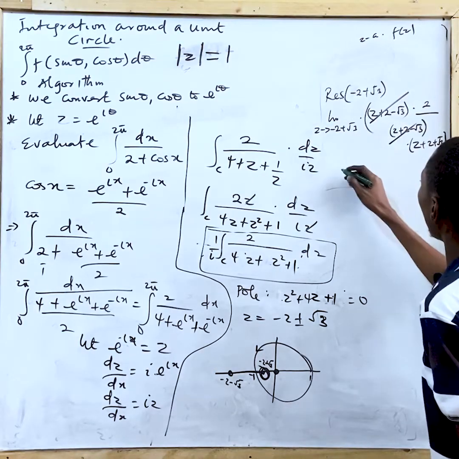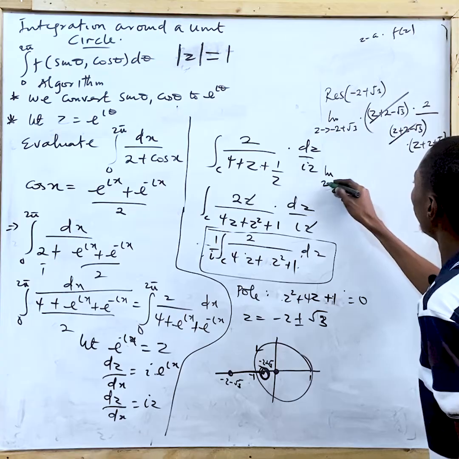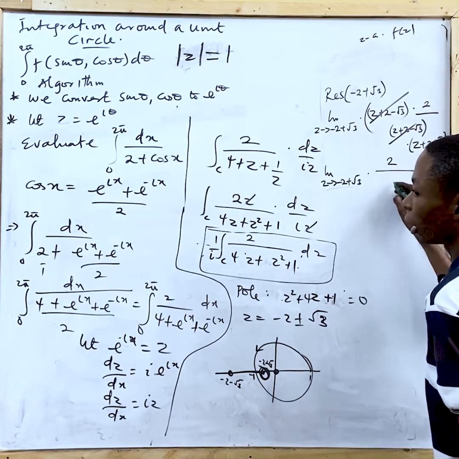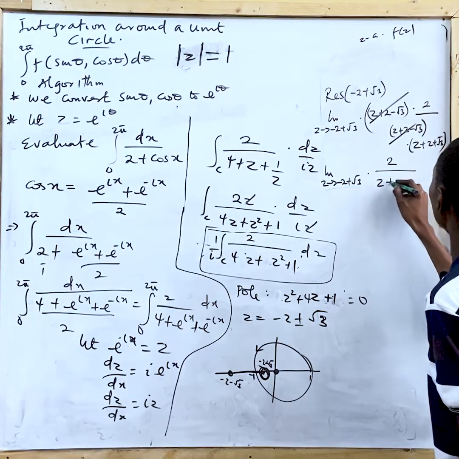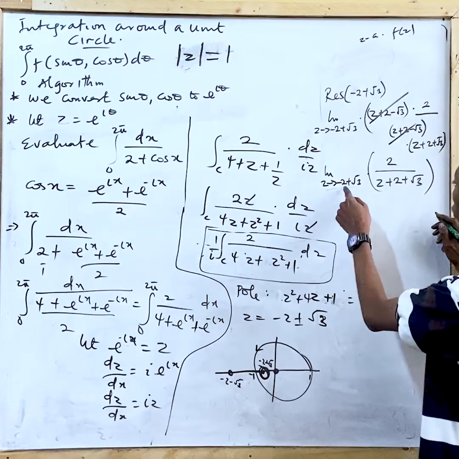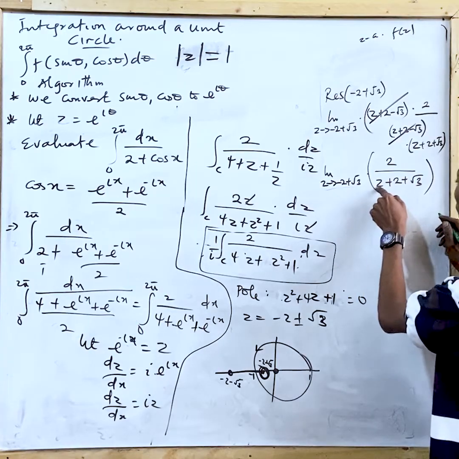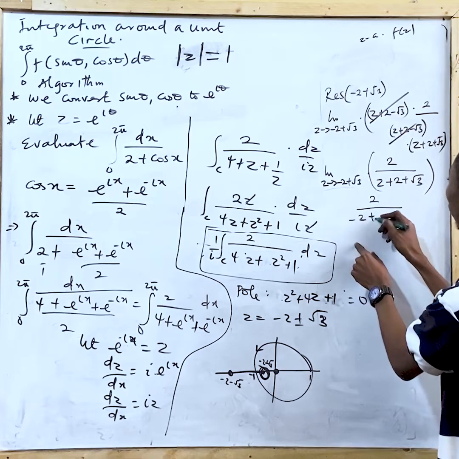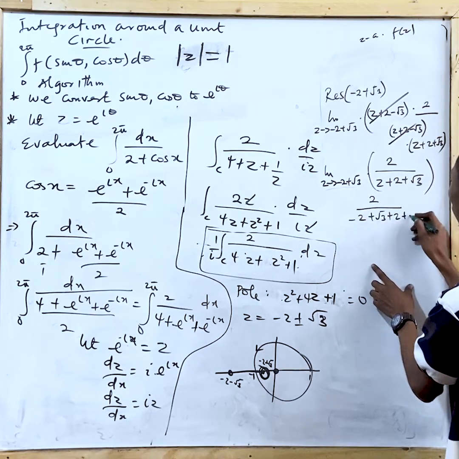So we are having the limit as z approaches minus 2 plus root 3 of 2 over z plus 2 plus root 3. If I put z as minus 2 plus root 3 here, that's 2 over minus 2 plus root 3 plus 2 plus root 3.